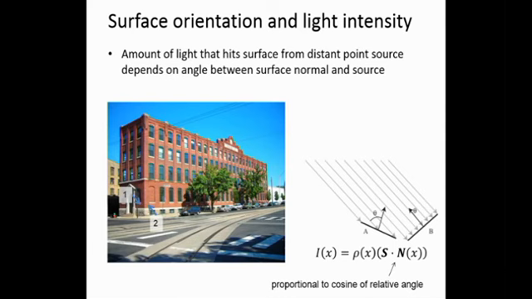And this is the normal vector of the surface. If you take the dot product of two normalized vectors, that's the same as the cosine between the vectors. So this is equivalent to saying rho of x times cosine of the angle between these two directions times the intensity of the source.